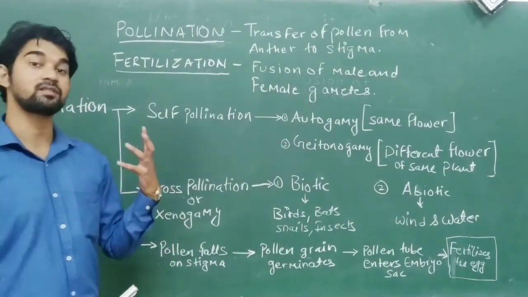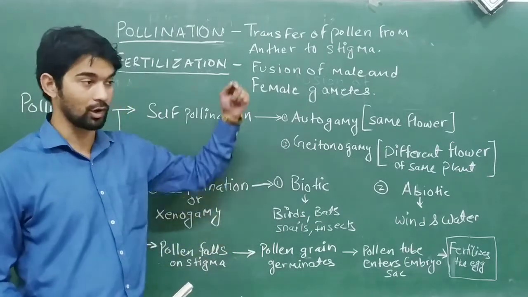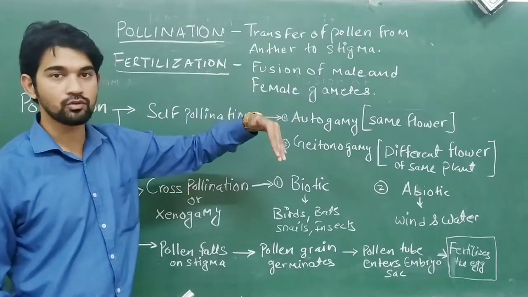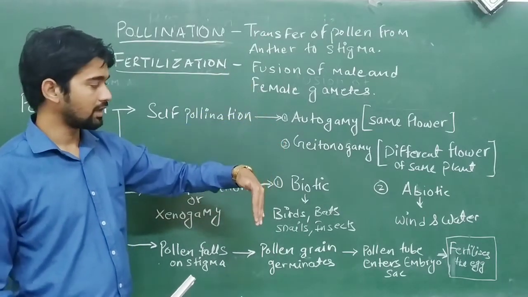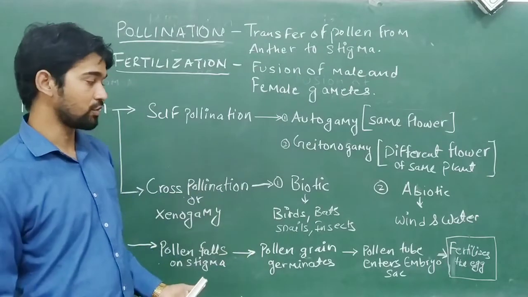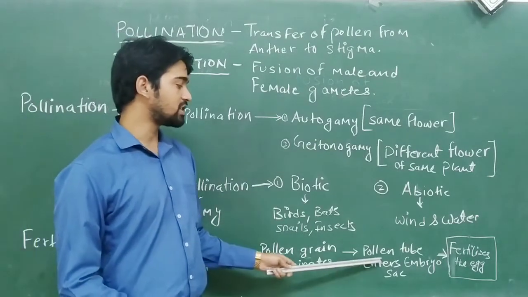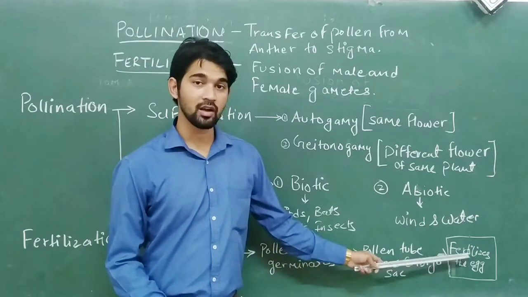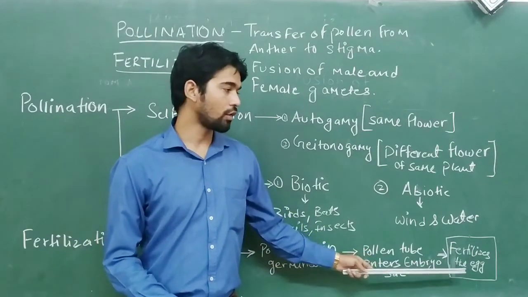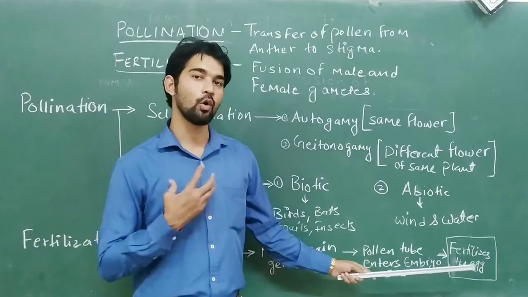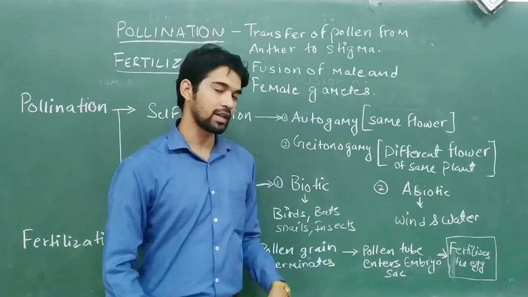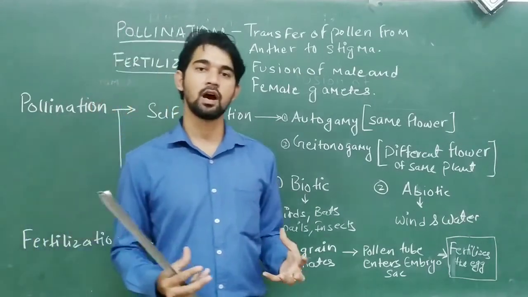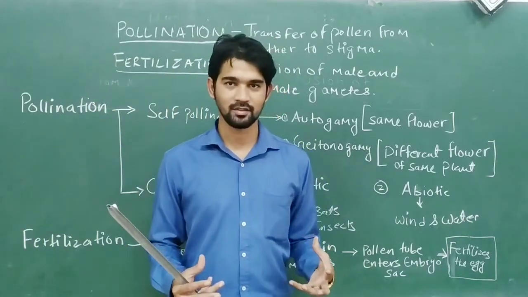When they germinate, they form a pollen tube. That pollen tube reaches down through the style and goes to the embryo sac. Then when it reaches the embryo sac, inside are present the egg cells, which are known as ovules, and they are fertilized along with the two polar nuclei. And this is how fertilization takes place.